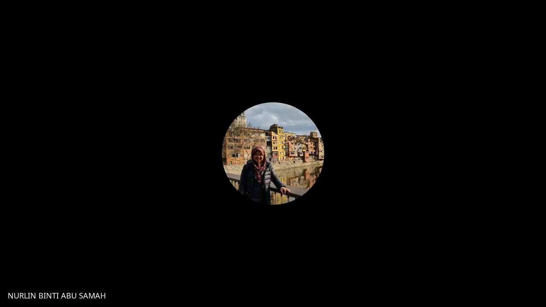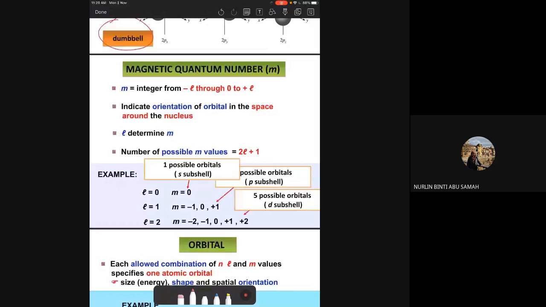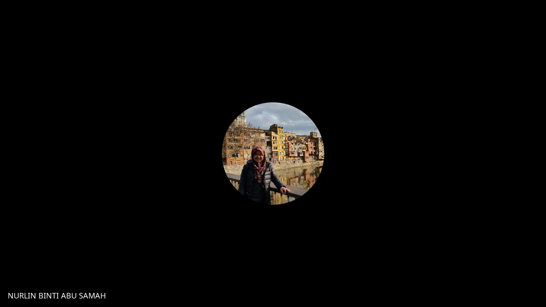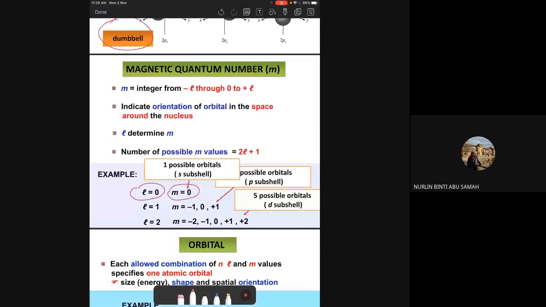For example, when l equals 0, like this one, m will be 0. m cannot equal 1, because m is only an integer between negative l and positive l, on the negative or positive side.